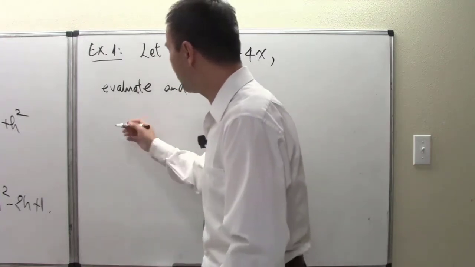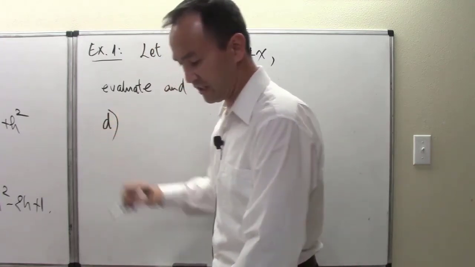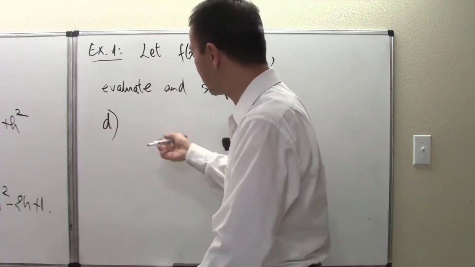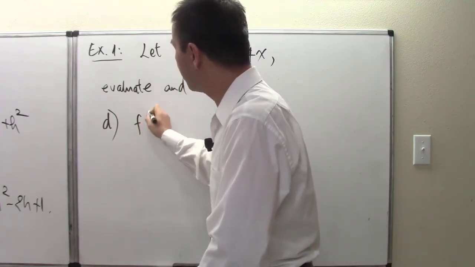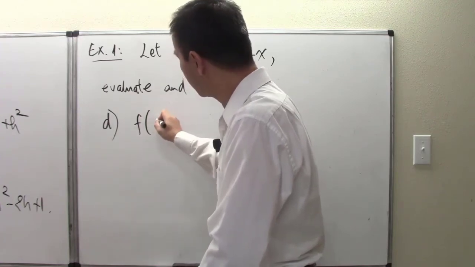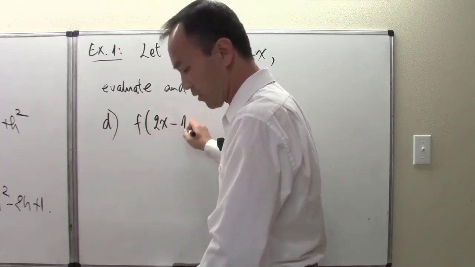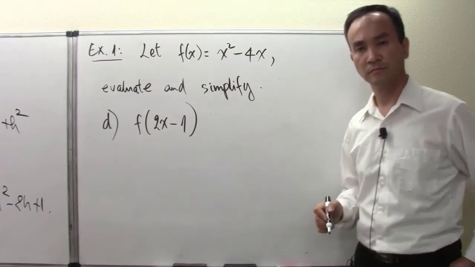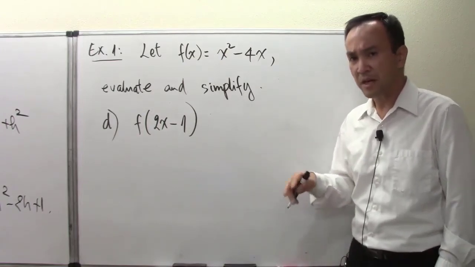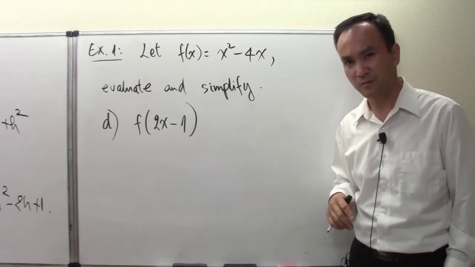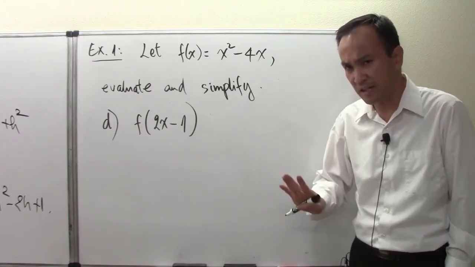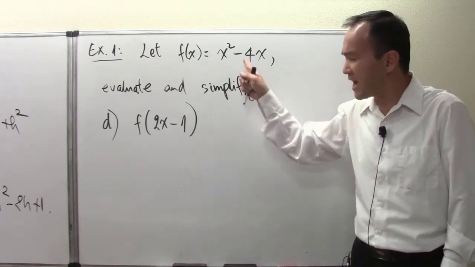All right, so how about in part D right here? Let's look at f of 2x minus 1. It has been h and w for some other variable names, and here I'm using x again, so somebody may worry that it's the same x as before.